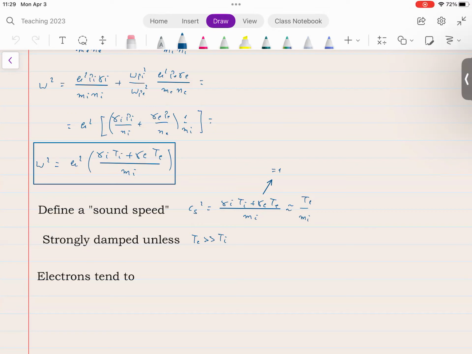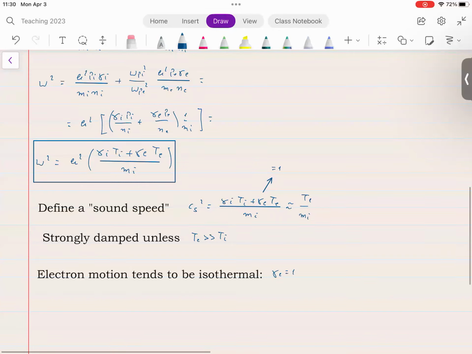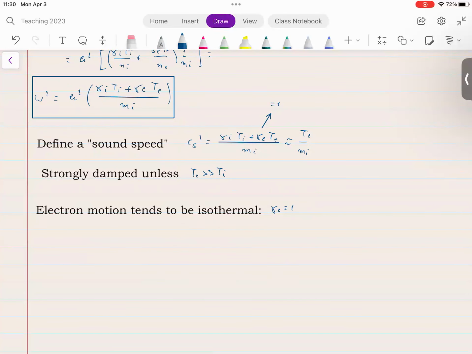Let me write this in a different way as a proper sentence. Electron motion tends to be isothermal for these waves. That means that gamma E is equal to 1. So that's where that comes from.